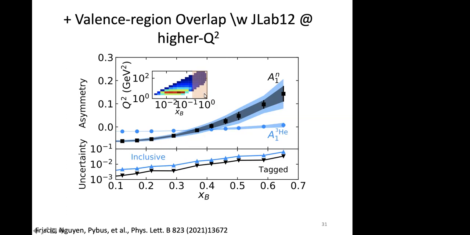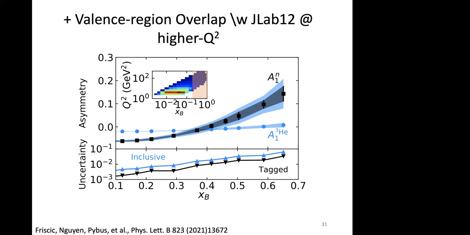But for EIC, we will have a much larger Q square. So with the high Q square and overlapping valence X region, it will be a really good opportunity to compare to the current data from the fixed target measurement and study the Q square dependence of this asymmetry as well as the spin structure function.